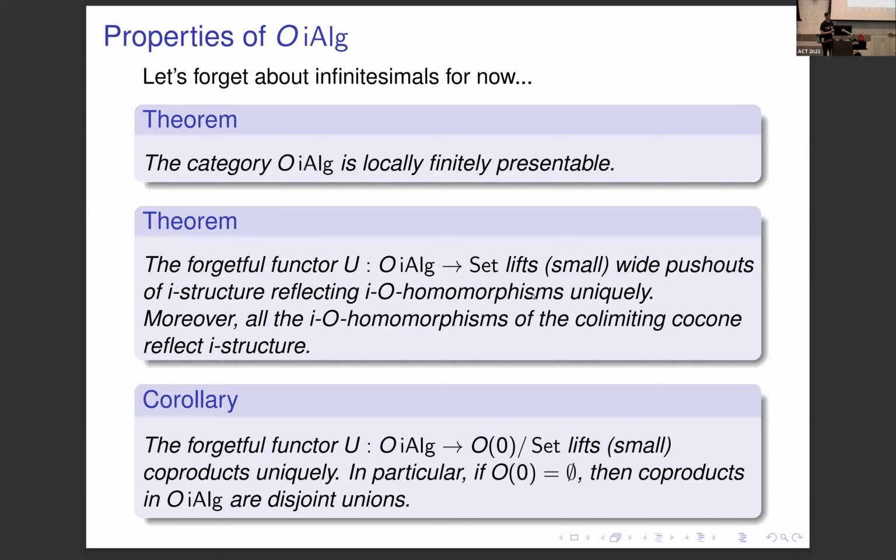It's locally finitely presentable, which is something we would expect. But then something interesting happens. As you might know, when I have a category of algebraic objects, they're not so awesome under colimits. But here we actually get something really nice. We can glue these structures together.